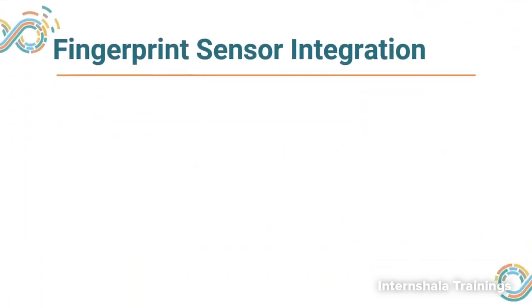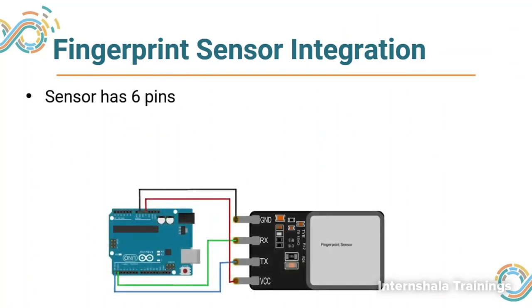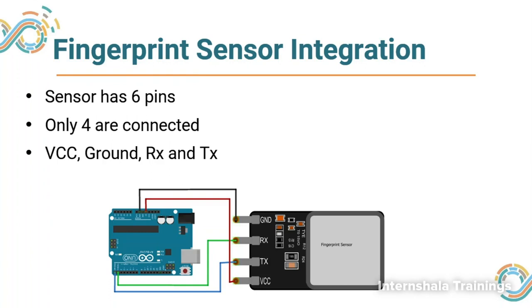How do we integrate the sensor in our project? That is very important. This sensor, when you take it, has 6 pins, but only 4 need to be connected to our Arduino board. As you can see, ground and VCC are always to be connected whenever we have any sensor, because you need to give the power.